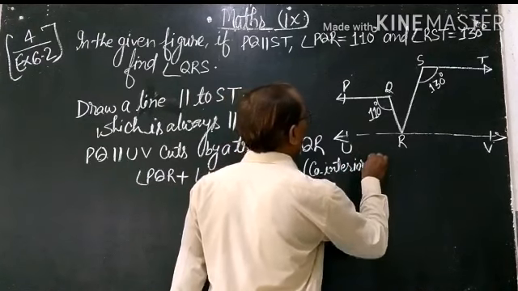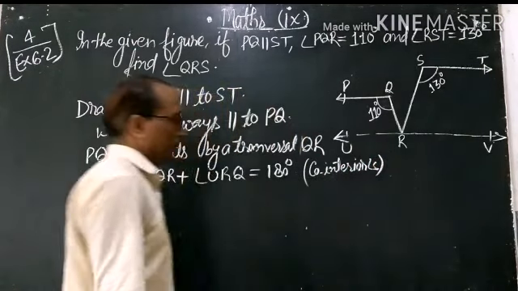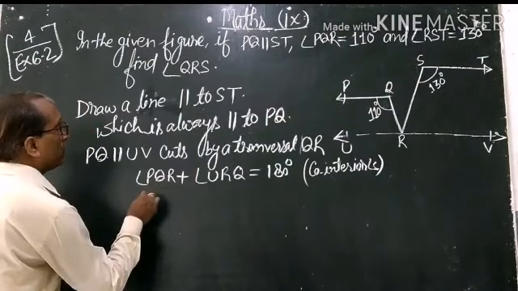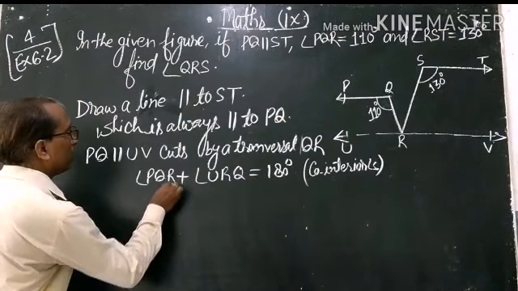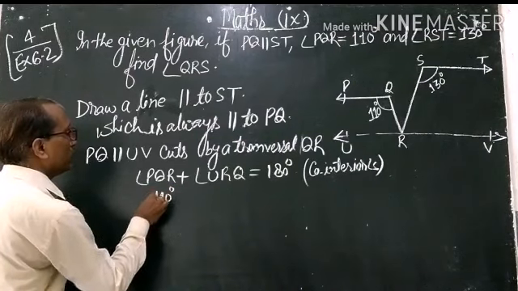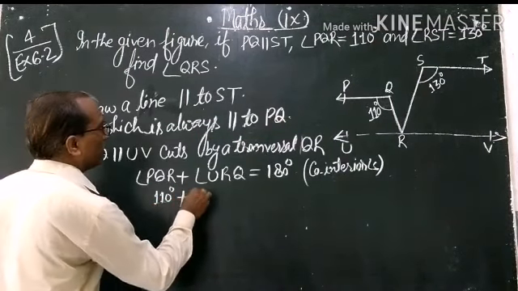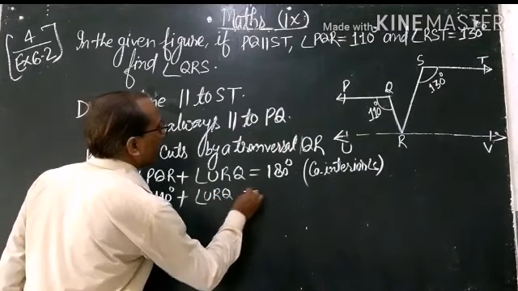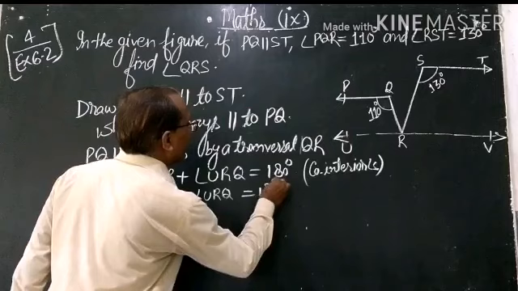Angle PQR 110 degrees plus angle URQ is equal to 180 degrees.